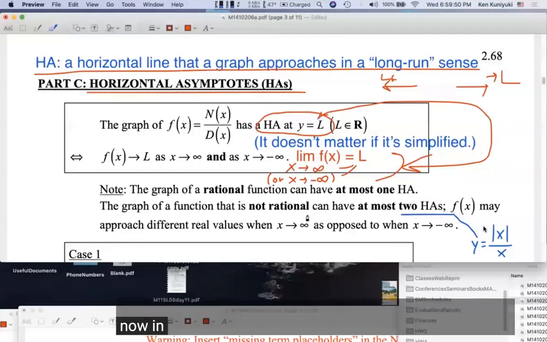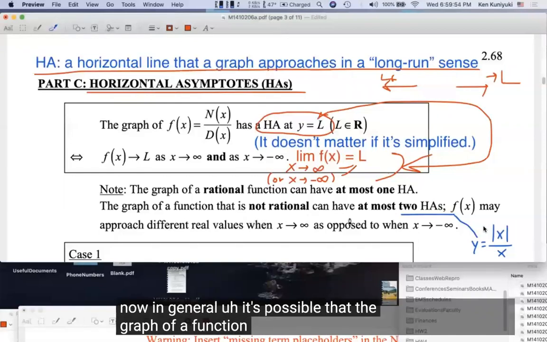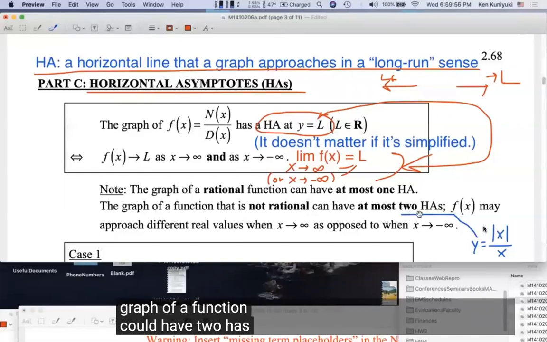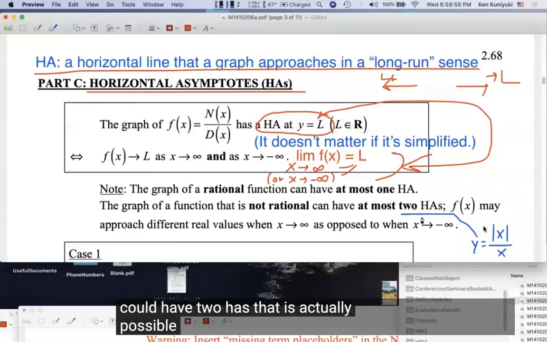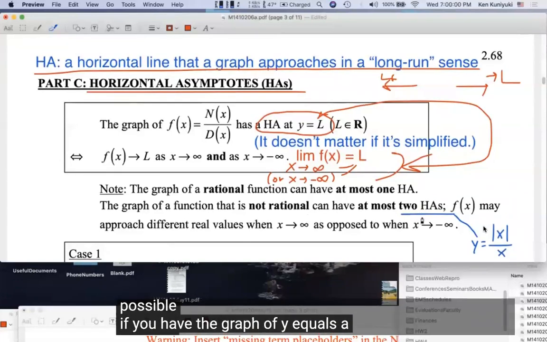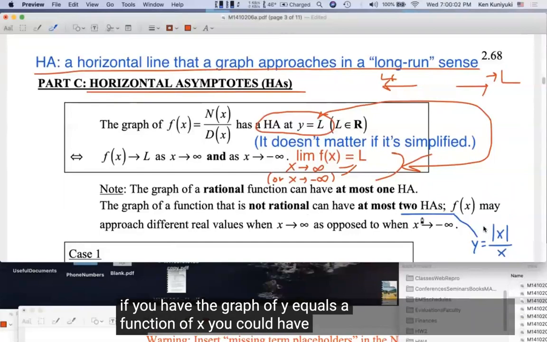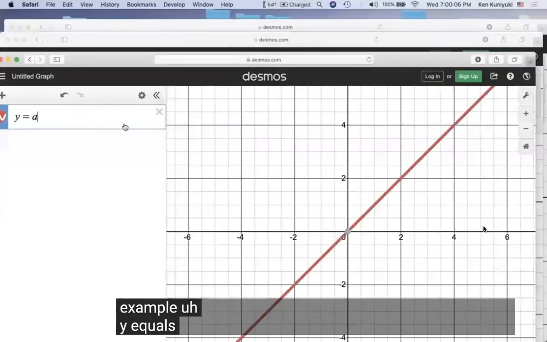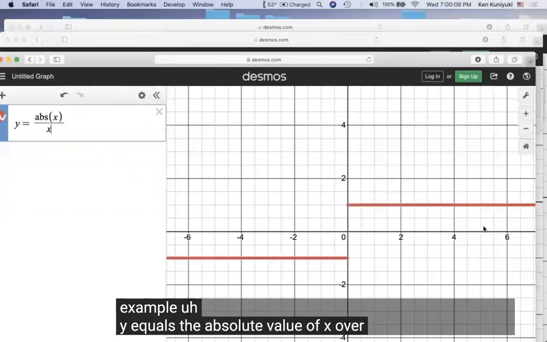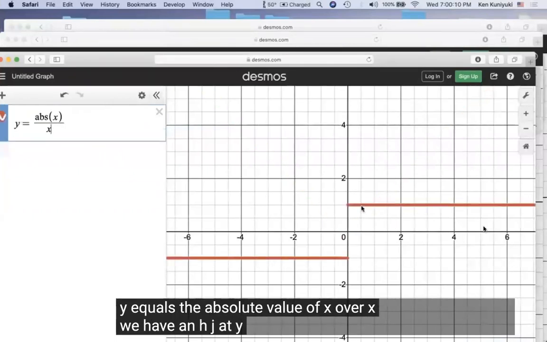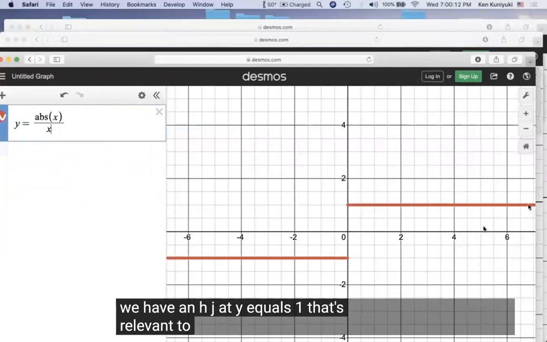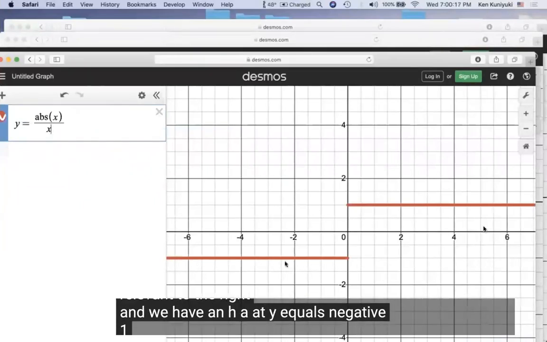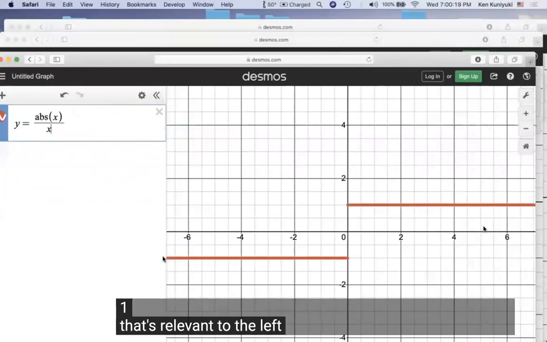Now, in general, it's possible that the graph of a function could have two HAs. If you have the graph of y equals a function of x, you could have two HAs. For example, y equals the absolute value of x over x. We have an HA at y equals 1 that's relevant to the right, and we have an HA at y equals negative 1 that's relevant to the left.